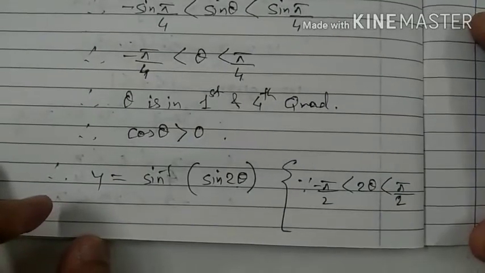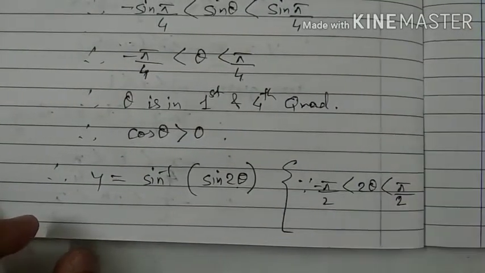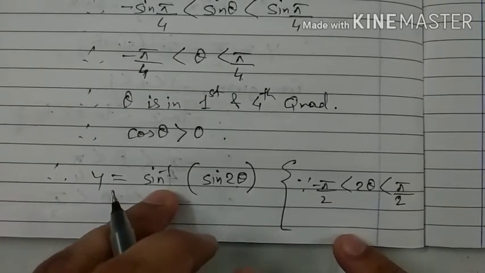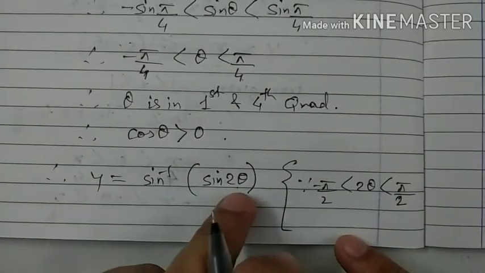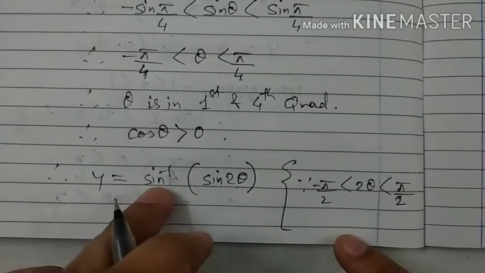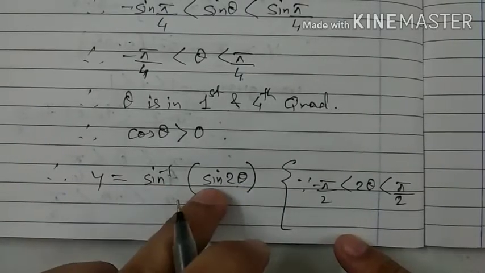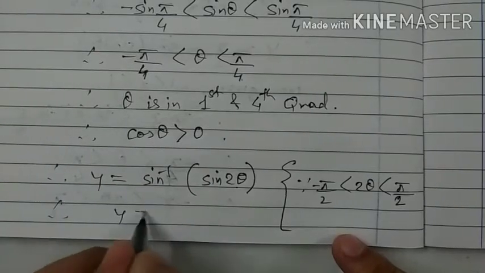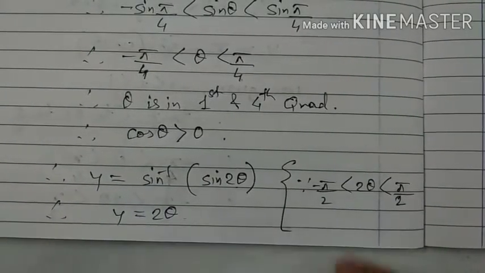So this is the range of 2 theta, that is minus 90 to plus 90, which is already the range of sin inverse. So it is confirmed that 2 theta is in the range of sin inverse. Therefore, sin inverse and sin get cancelled. So we'll get y equal to 2 theta.